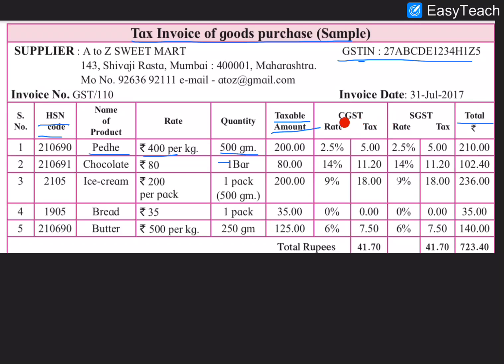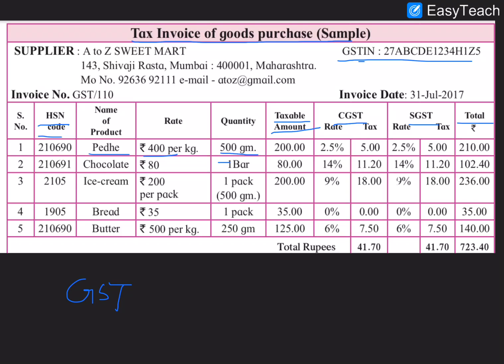GST has two parts, that is CGST and SGST. When we pay GST, half of it goes to the central government and the other half goes to the state government. So we are paying two GSTs, the central goods and service tax and the state goods and service tax.